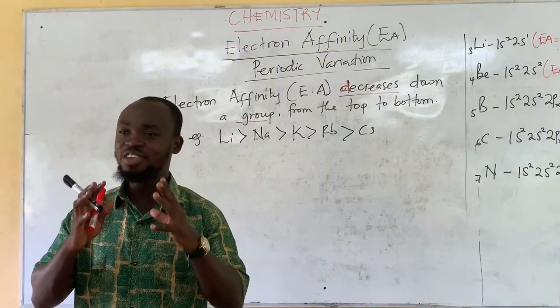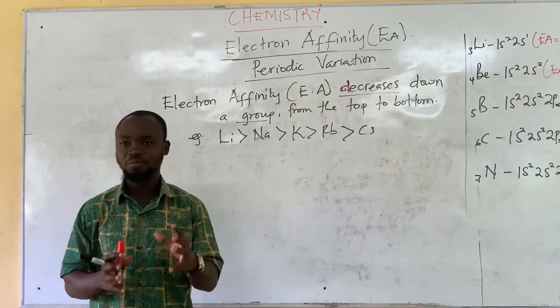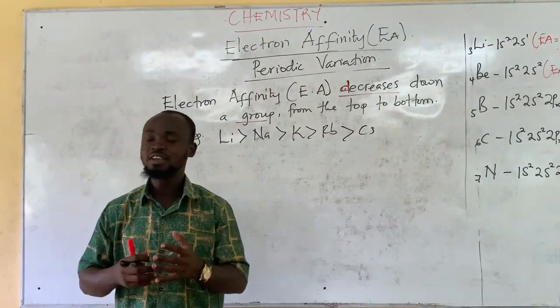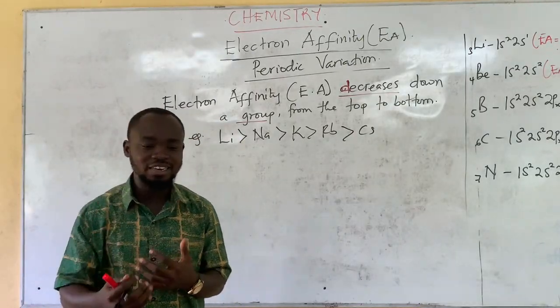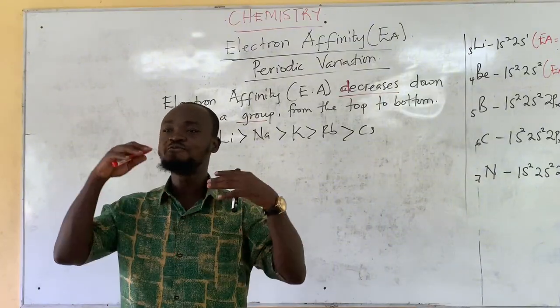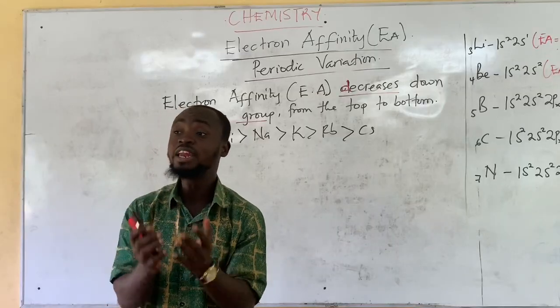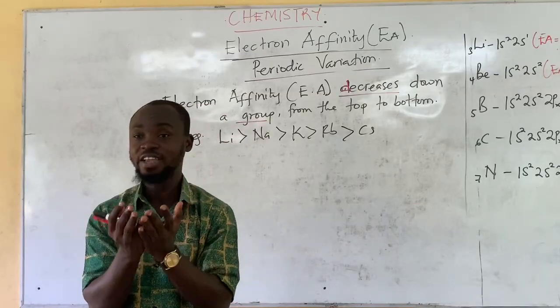What is the work of these inner or core electrons? They cause electron repulsion. And this electron repulsion brings about a reduction in attraction that is caused by the protons onto the valence electron. And we call this screening or shielding effect.